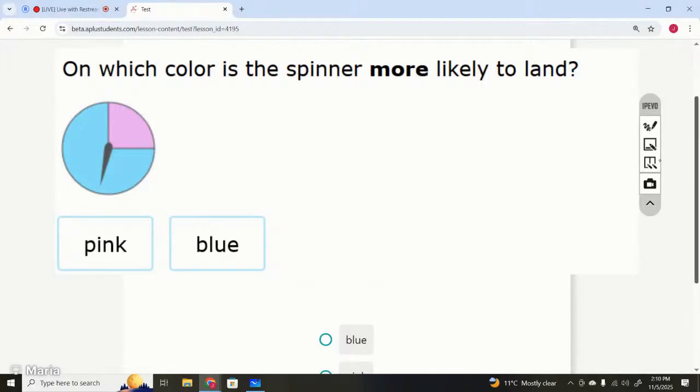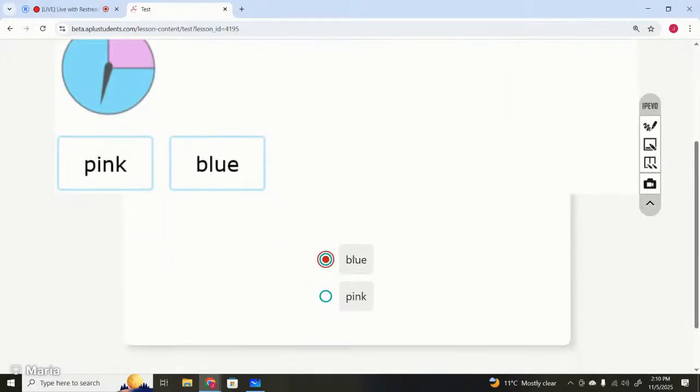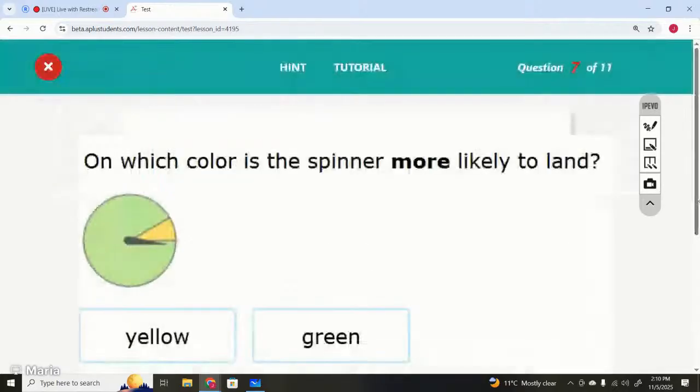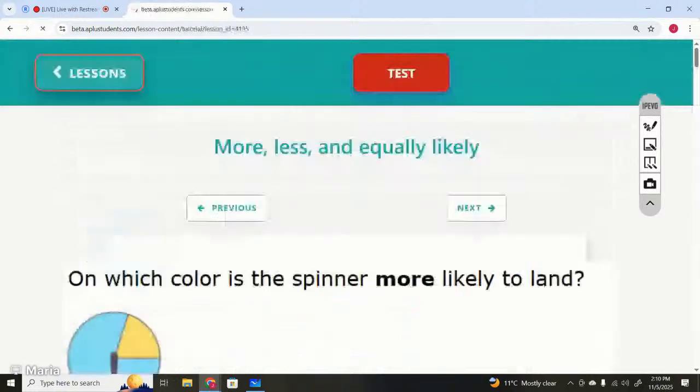The correct option is blue. Okay, you can complete the lesson by yourself. Let me just move on to the next lesson.